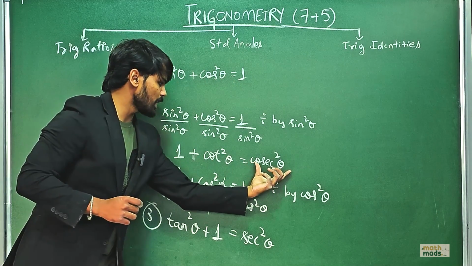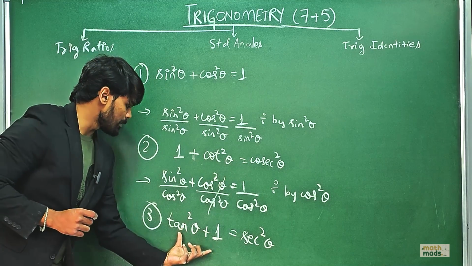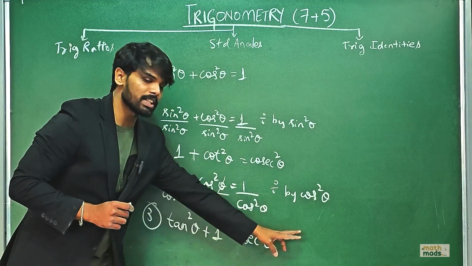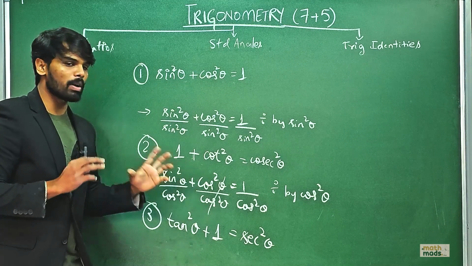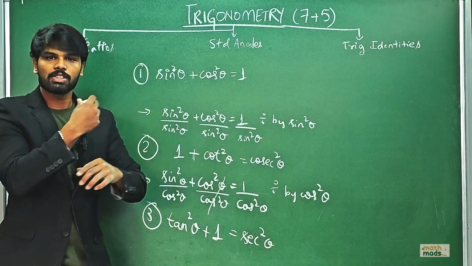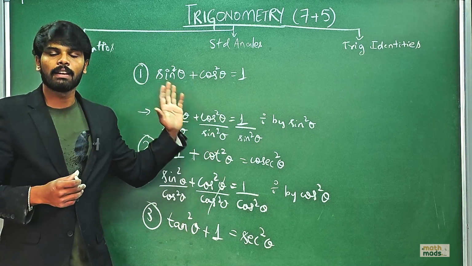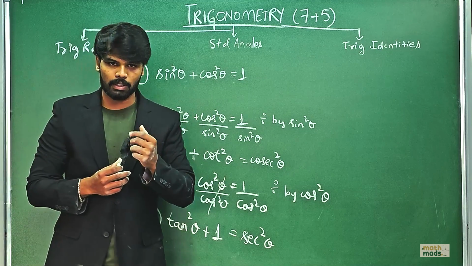If I know the value of cosecant square theta, maybe I can deduce the value of cot square theta also. Same thing here: if I know the value of tan square theta, I can deduce the value of secant square theta. So using the identity relations, if there are some changes of values, you should be able to deduce them. Maybe you will get the help of these identities in proving the problems.